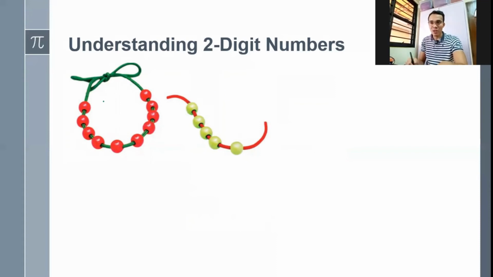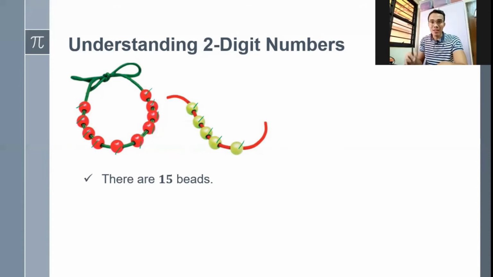I think this is already 10, but we have to count the number of beads here to make sure there are really 10 beads in this. 1, 2, 3, 4, 5, 6, 7, 8, 9, 10. We have here 10, 11, 12, 13, 14, 15. There are 15 beads in the picture.